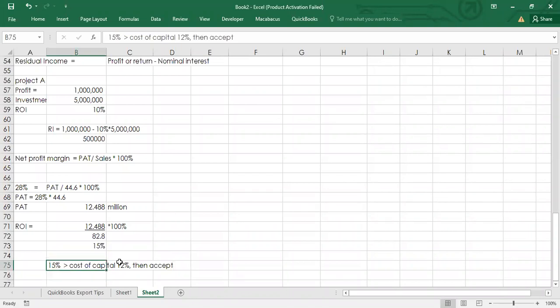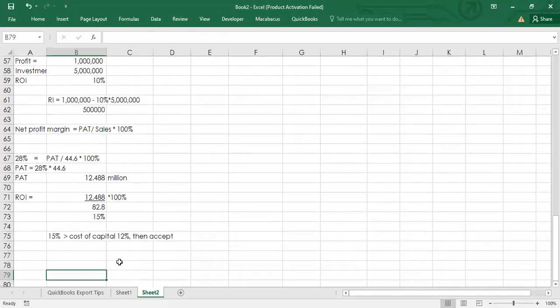Ideally, the 3% that is extra will give us genuine profit. If 12% is being spent on the cost of capital or on interest, for example, if you borrowed the money, then 3% is the profit, which is ideally a good thing. So I think I'm doing well.